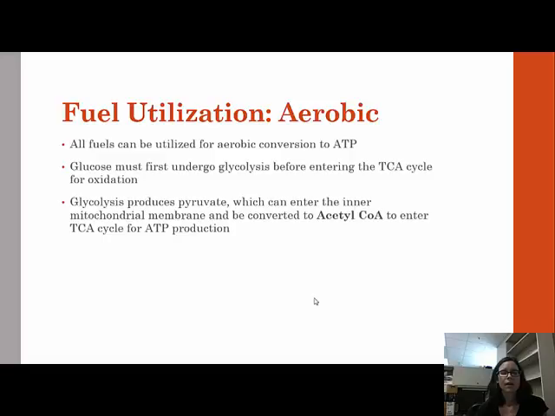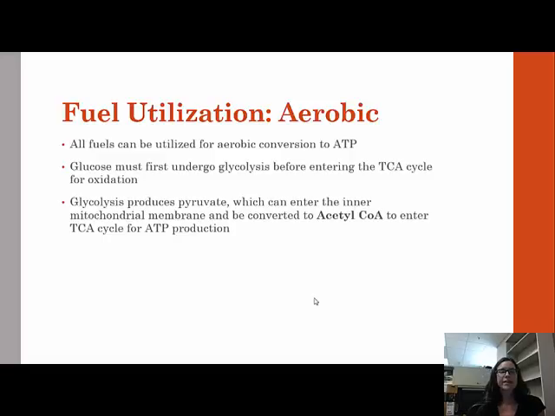So let's take glucose because this is the most prevalent nutrient that we consume. First it undergoes glycolysis, then it enters the TCA cycle for oxidation. Glycolysis produces pyruvate, which enters the inner mitochondrial membrane and is converted to acetyl-CoA.